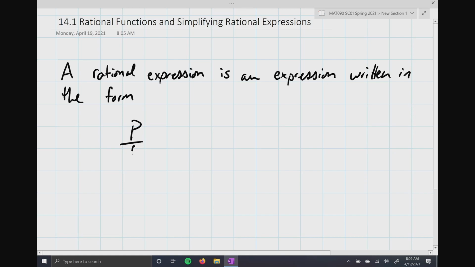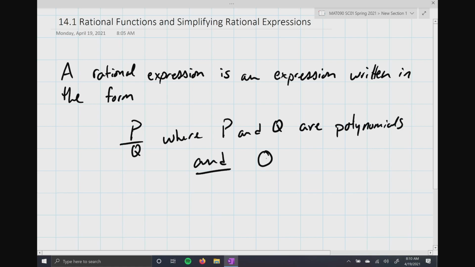Yeah, they use caps. Where P and Q are polynomials and Q cannot equal 0. All right?